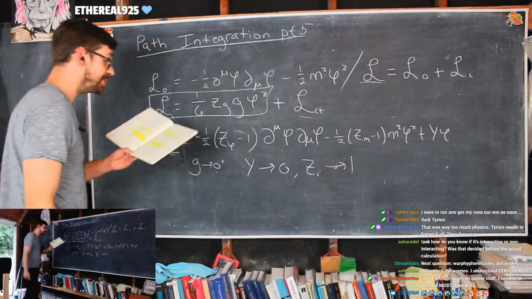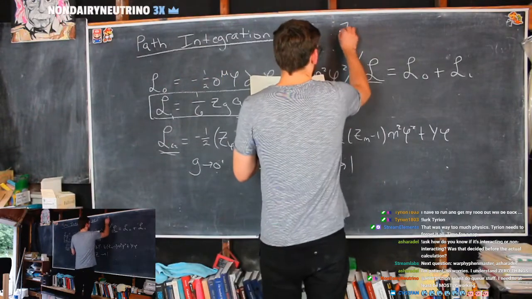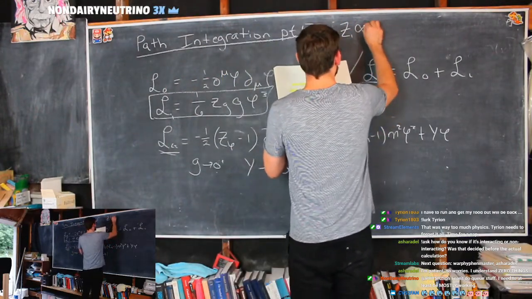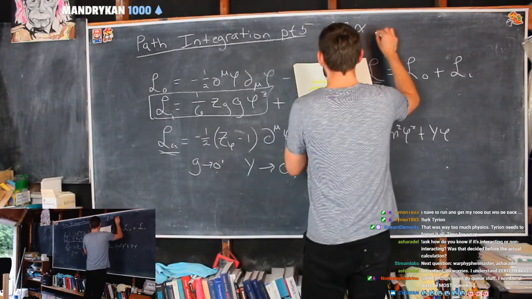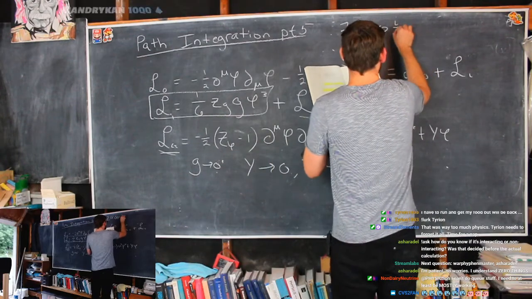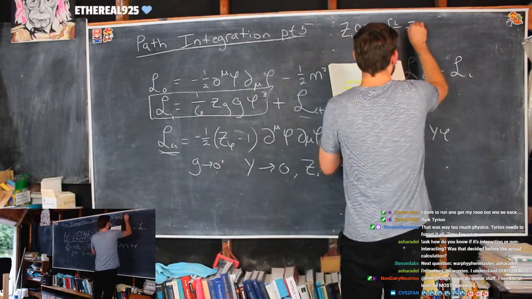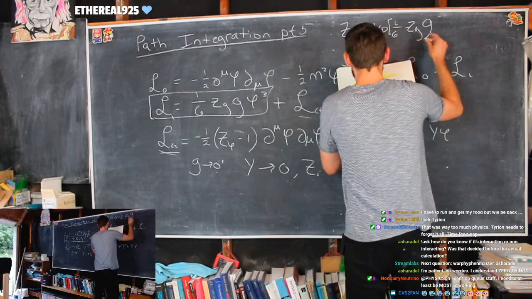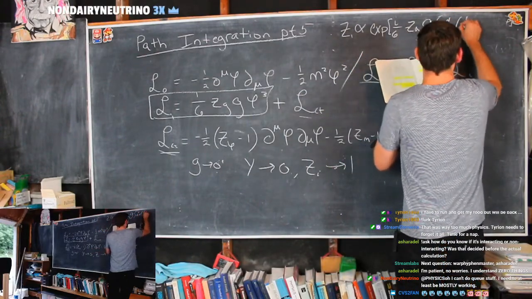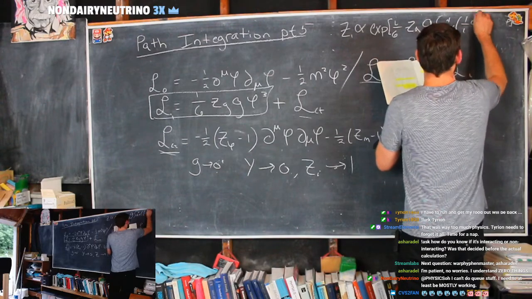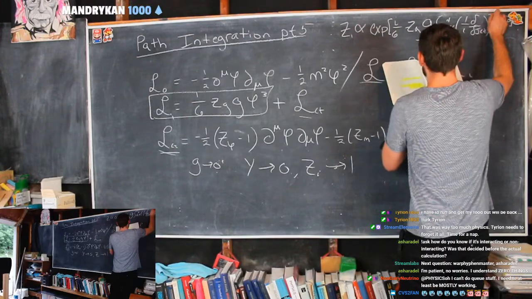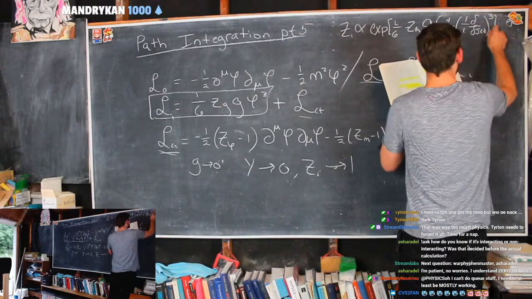Now we're going to have a new functional integral that's going to look like this. It's going to be proportional to the exponential of i over 6 Z g times g times the integral of d^4x times 1 over i functional d/dJ, and this is going to be cubed because it's a cubed field theory, right?